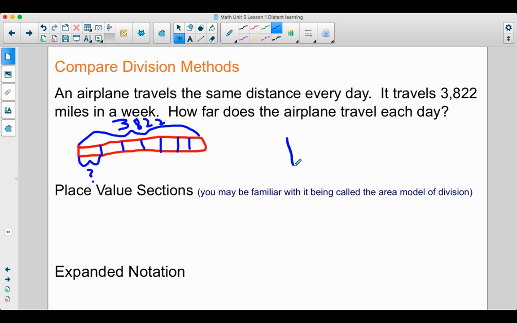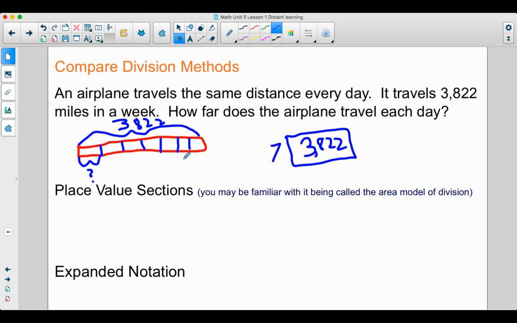Another model that works really well whenever a problem ends up being division or multiplication is the area model. I know the entire area is 3,822, and I know that I want it in 7 equal parts.